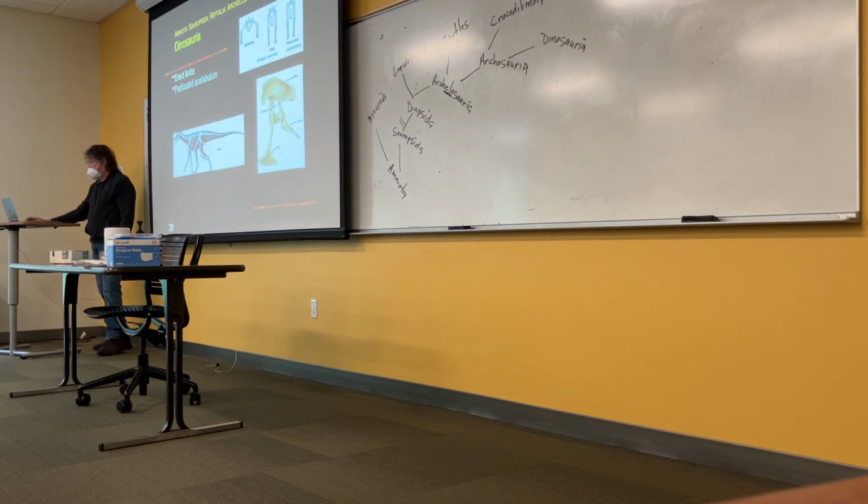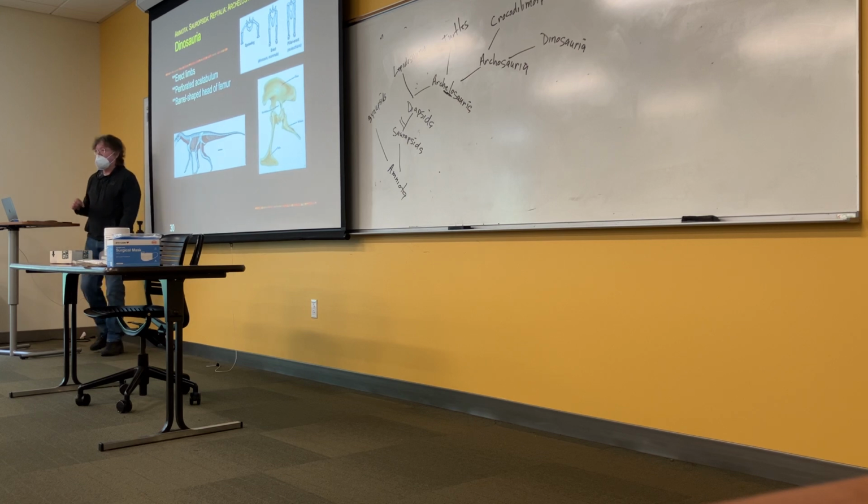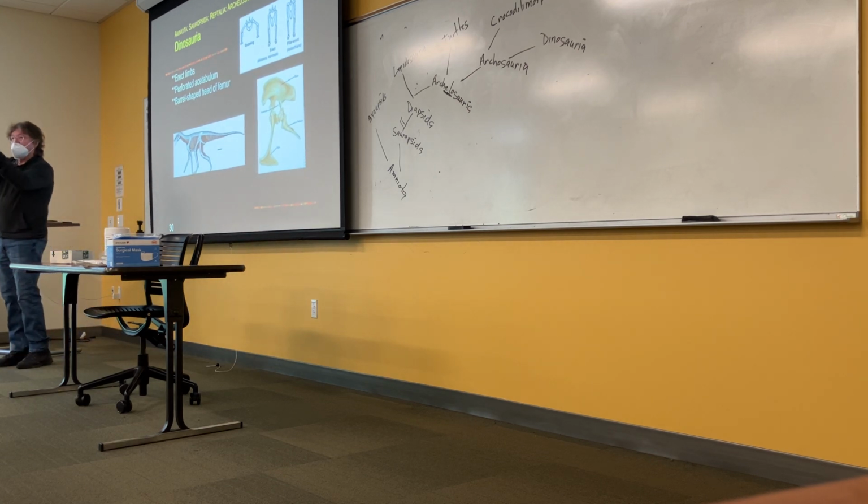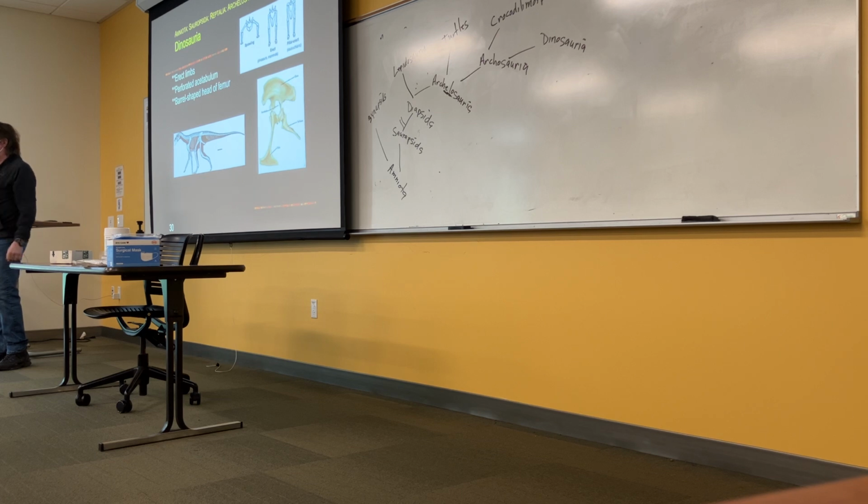Because the head of the femur, instead of being a round ball that fits in the acetabulum, is barrel-shaped. And also the head of the femur is almost 90 degrees to the shaft of the femur.